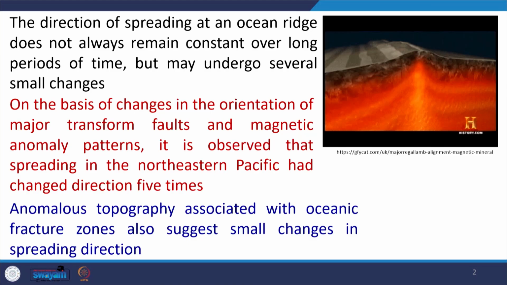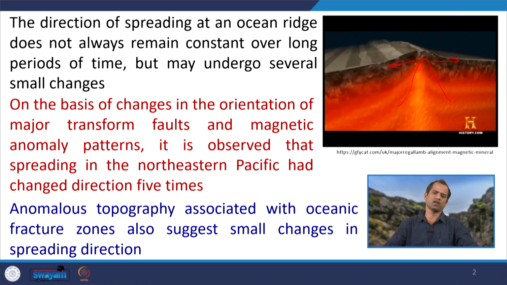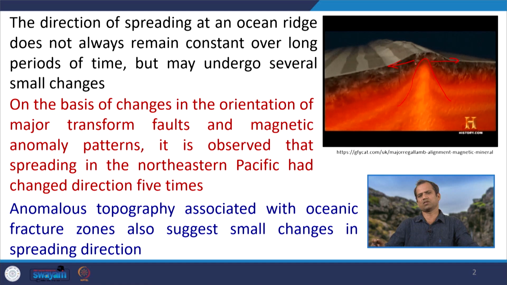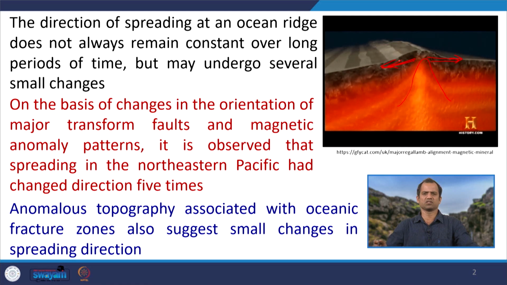So, if you see this image, we have a mid-oceanic ridge system, and magma is rising here and spreading in opposite directions. If you remember our earlier class, we were talking about this spreading system, the Euler's pole, Euler's small circle, Euler's equator, and so on. Here, the transform faults, which are perpendicular to this spreading system, represent the Euler's small circle.